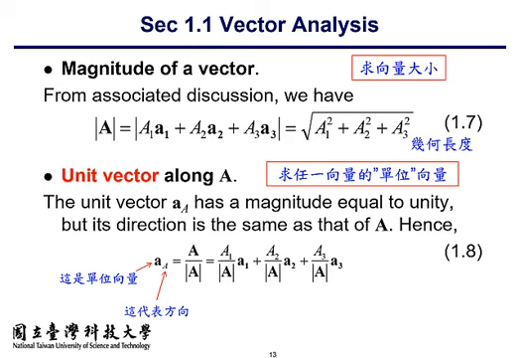That is a vector that is aligned with vector A, but with a magnitude of 1. This is the so-called unit vector. The unit vector is not necessarily pointing in a reference direction. It can be pointing in any direction.